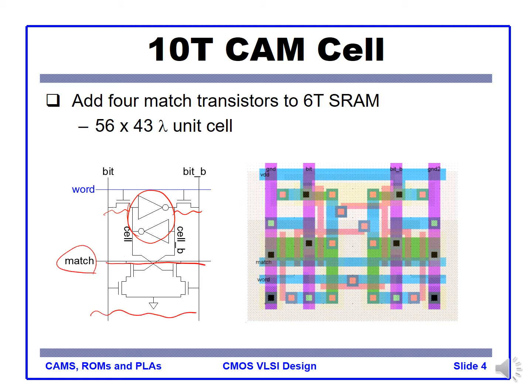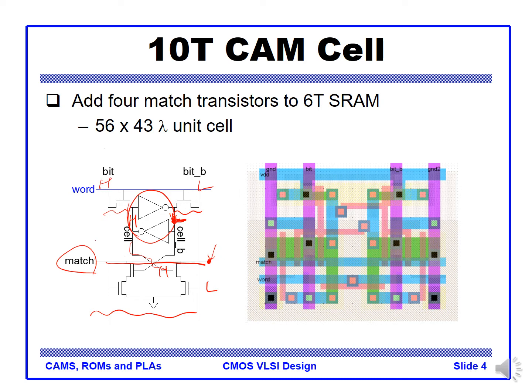Let's say the contents inside are high and low, and then we assert high and low on the bit and bit bar. If the internal value is high and bit bar is, let's say, low, then the match line will stay high.